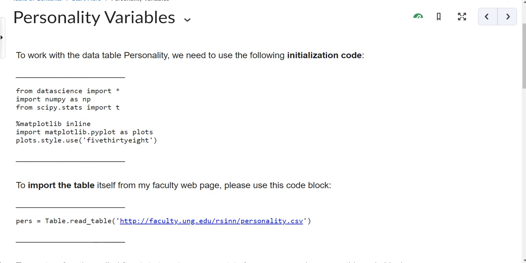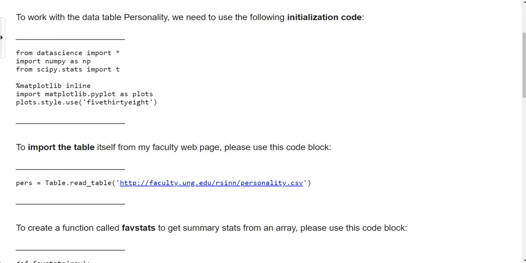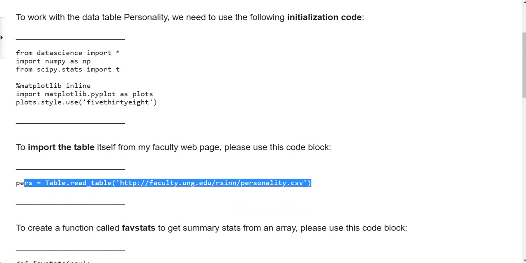I've separated them with these horizontal lines, and here is a link to the personality variables data set that we collected here at the University of North Georgia from your peer college students.